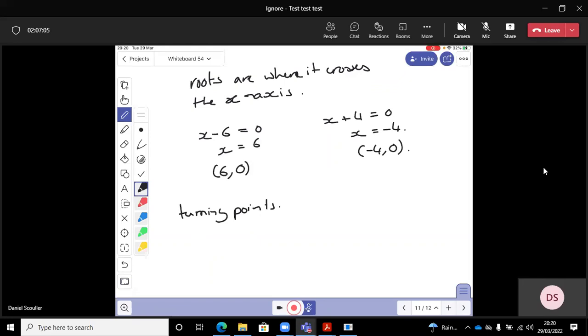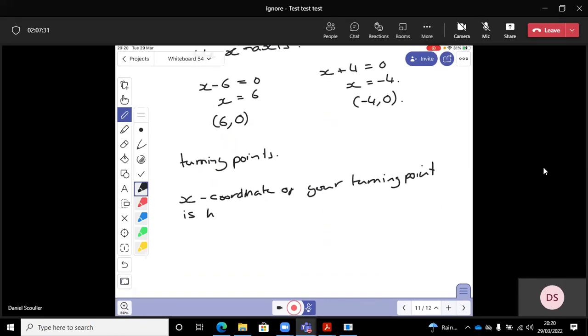So the x-coordinate of your turning point is halfway between your two roots.